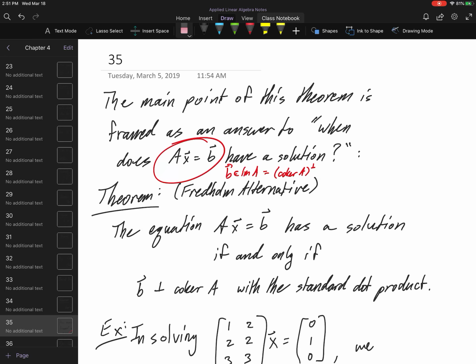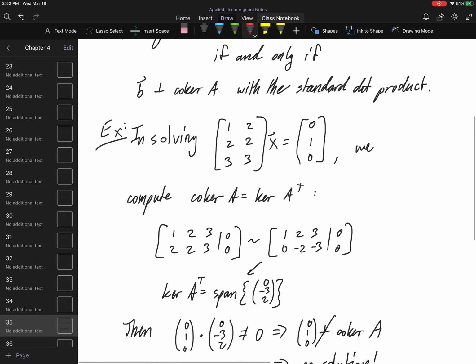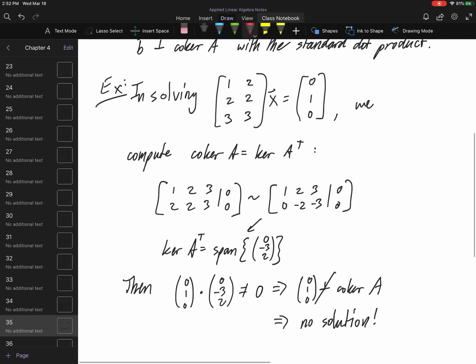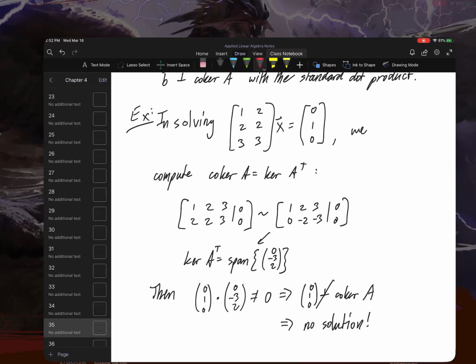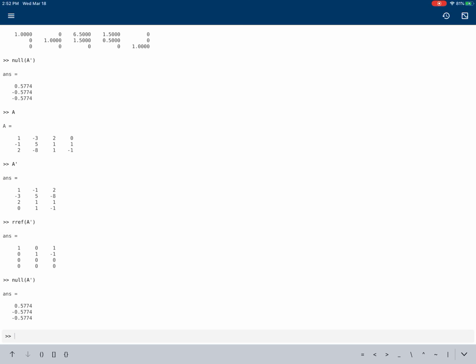So that means the only time that we get a solution to AX equals B is if B is perpendicular to the co-kernel of the matrix. And that is a condition that is more easily verified than actually row reducing the matrix AX equals B in the first place. So let's see this in action.